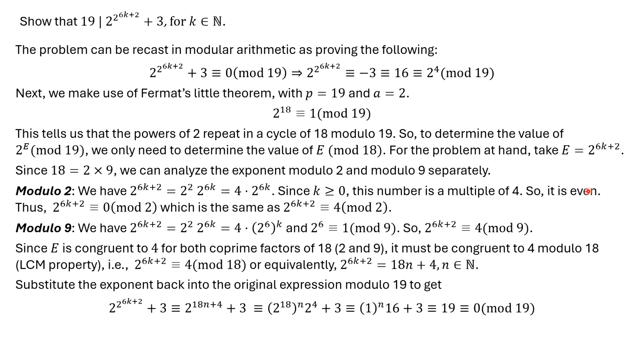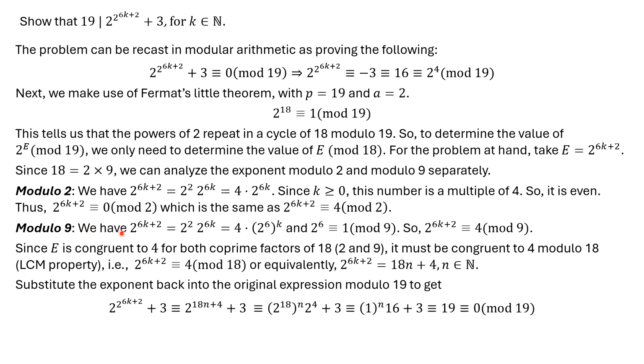In other words, it's even, which means that 2 to the 6k plus 2 is congruent to 0 mod 2, or 4 mod 2, which is just adding 2 and 2 twice to 0. And I want to use this 4 rather than 0 because of the result we get in this analysis mod 9. You'll see what I mean in a second.